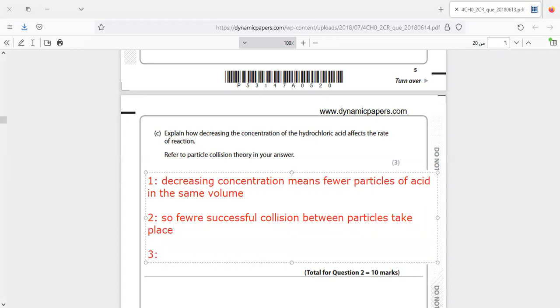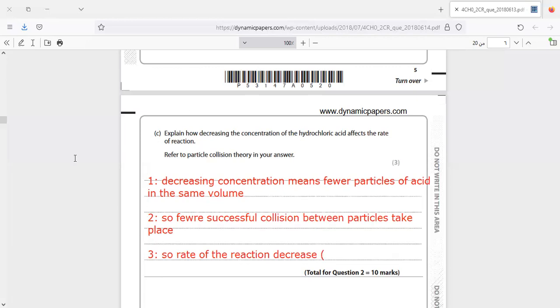Because fewer successful collisions between particles take place, so the rate of the reaction decreases. Someone will write, instead of the rate of the reaction will decrease, lower rate of the reaction. Both have the same meaning. As you see, 3 marks for the question, 1 mark for each point.